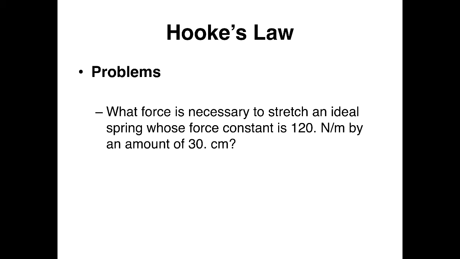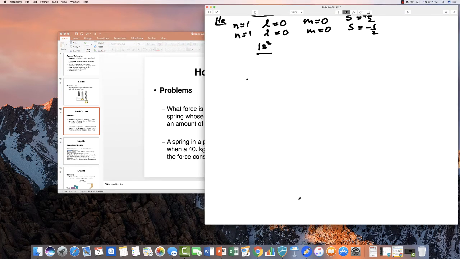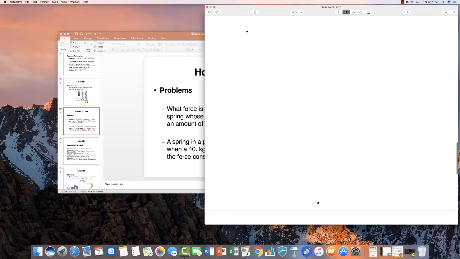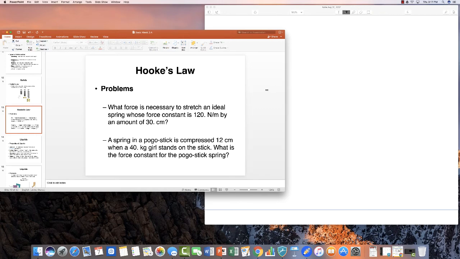What is the force necessary to stretch an ideal spring whose force constant is 120 newtons per meter by the amount of 30 centimeters? So if we look at how we would approach a problem like this, first of all, we have a spring whose spring constant is 120 newtons per meter.